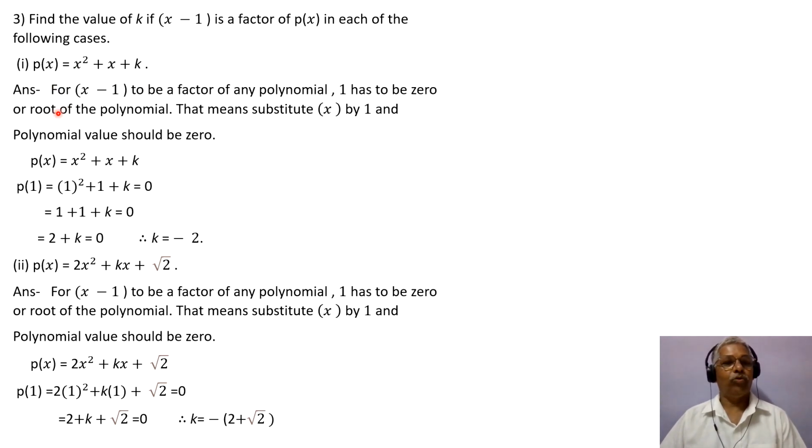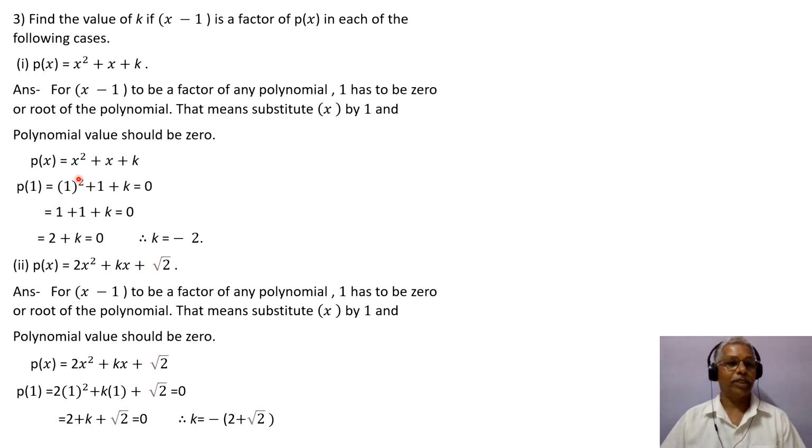Now, answer: for x minus 1 to be a factor of any polynomial, 1 has to be 0 or root of the polynomial. You know this, we have seen this. That means you substitute x by 1 and the polynomial value is 0, then you get it. We know it is a factor, so it has to be 0.